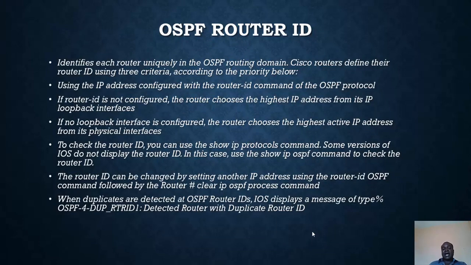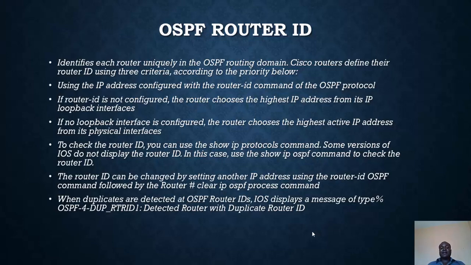And the OSPF router ID. We need to identify each router uniquely in the OSPF routing domain. Cisco routers define the router ID using 3 criteria, in the priority below. 1. Using the IP address configured with the router-id command of the OSPF protocol. 2. If the router ID is not configured, the router chooses the highest IP address from its loopback interfaces.